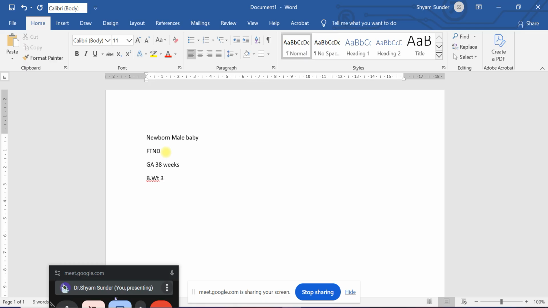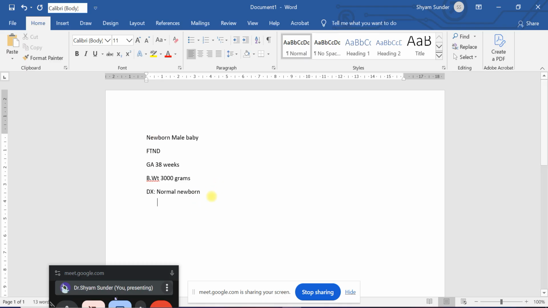For example, here 3,000 grams, and so the diagnosis is normal newborn. This is the diagnosis. So here the baby is normal, absolutely normal. There is no abnormality. Baby is not sick. Healthy. This is a brief note.